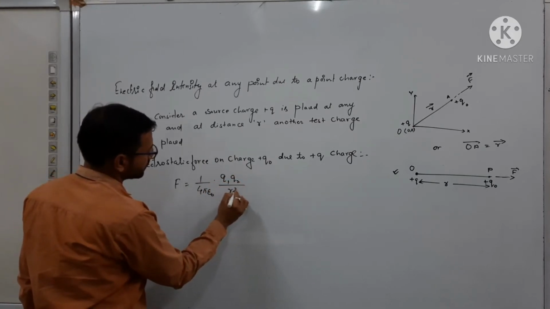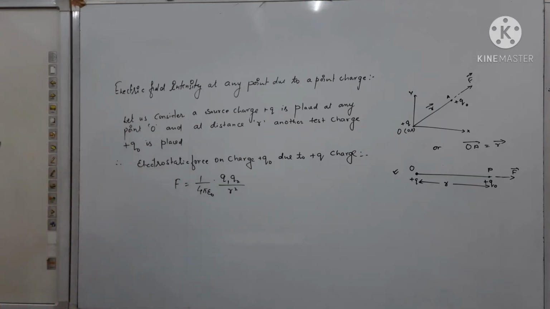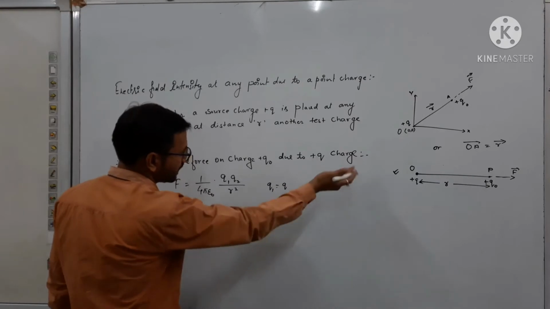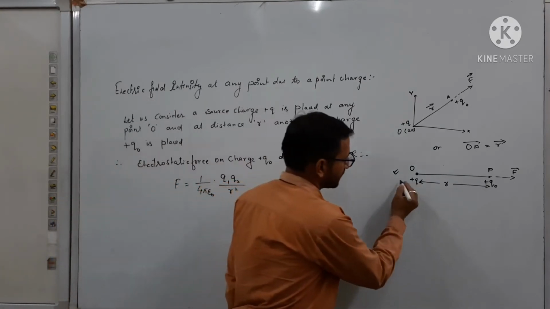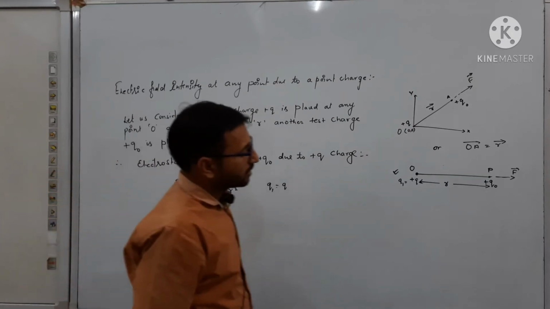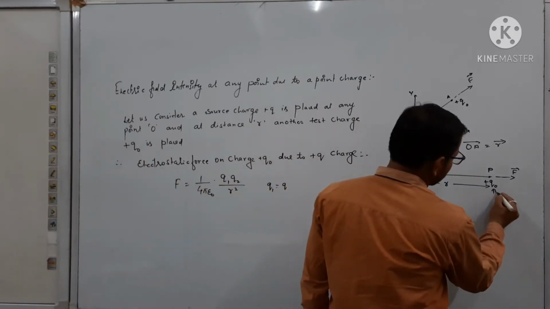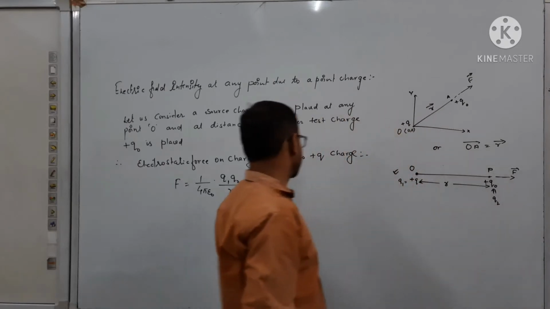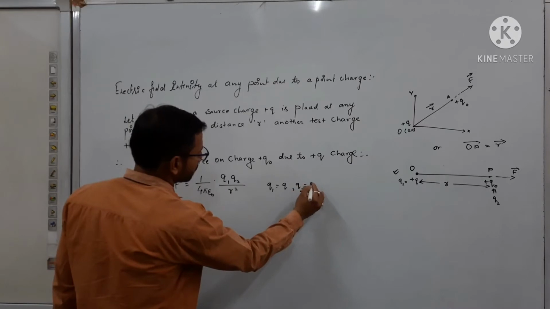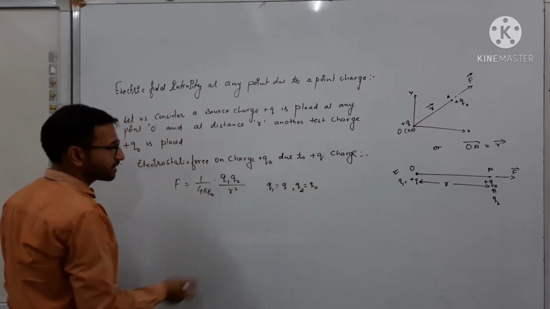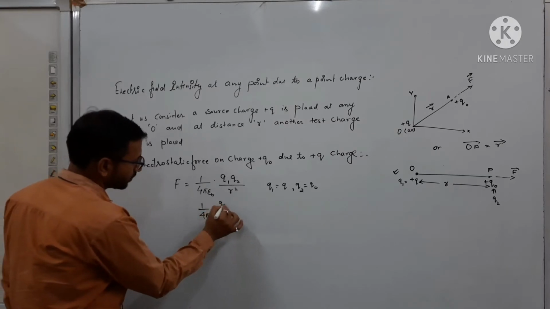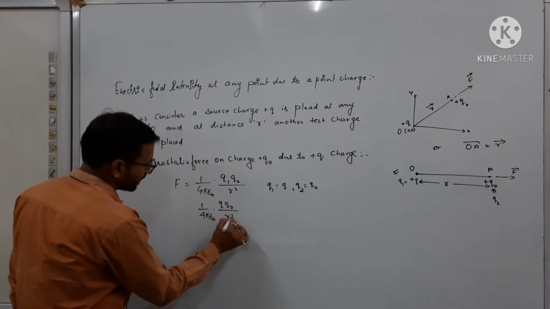The general formula is q1 q2 by r square, but here we can replace q1 with q, because we have this one as the source charge, and the second one, which I have considered a test charge, is q2, equal to q naught. The distance remains the same. So F is equal to 1 over 4 pi epsilon naught into q q naught by r square.